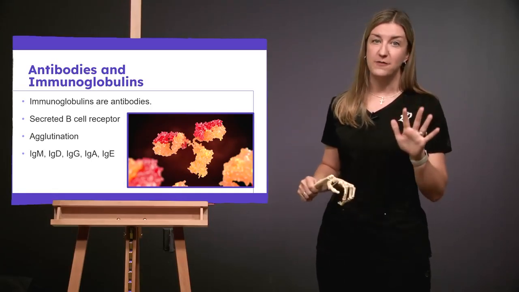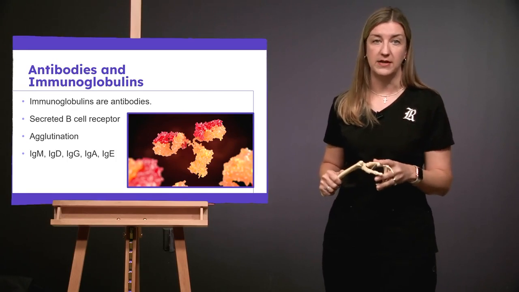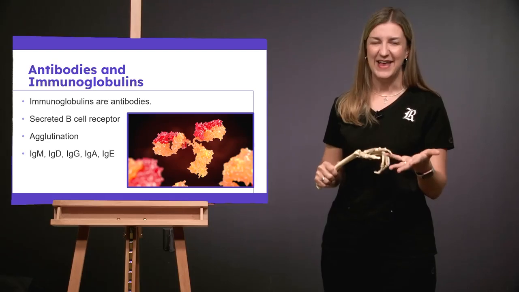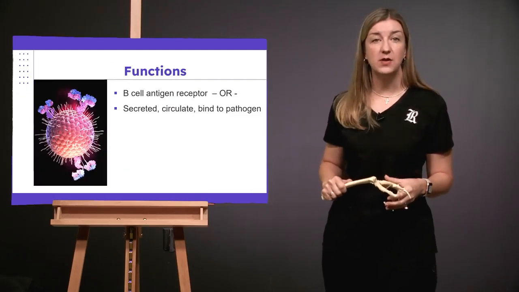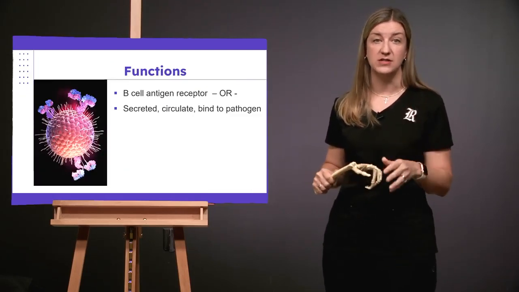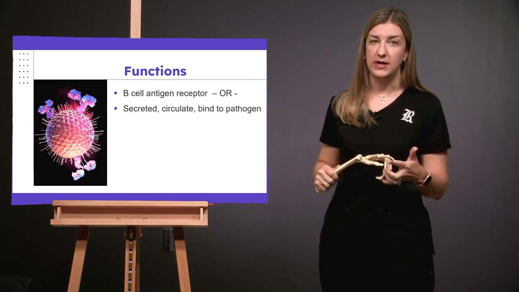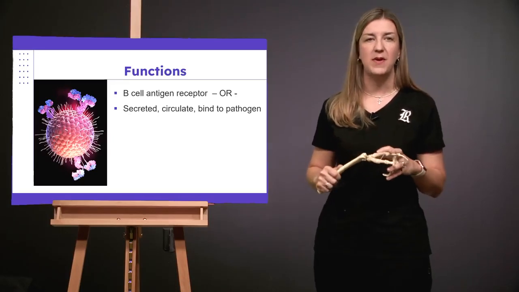There are 5 main classes of antibodies or immunoglobulins: IgM, IgD, IgG, IgA, and IgE. In general, antibodies have one of two functions: to serve as the B cell antigen receptor, or to be secreted, circulate, and bind directly to a pathogen.